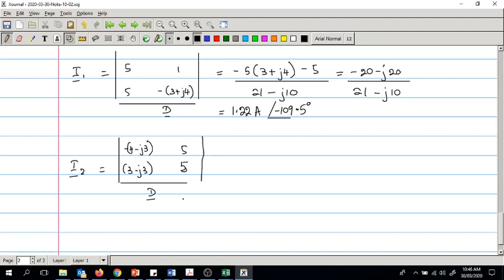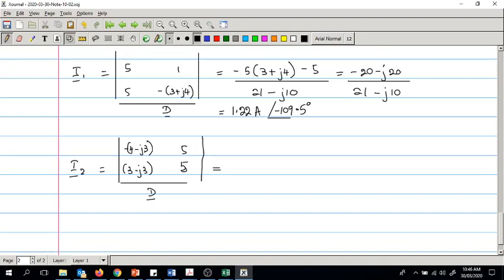To simplify simultaneous equations, rather than using the substitution method, the determinant method becomes very handy when we deal with AC circuits. That is why we actually learned the determinant method rather than using it in DC circuits. In AC circuits, that becomes much easier.